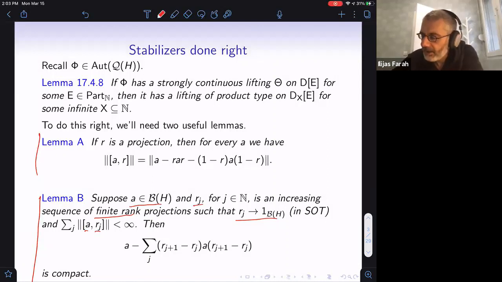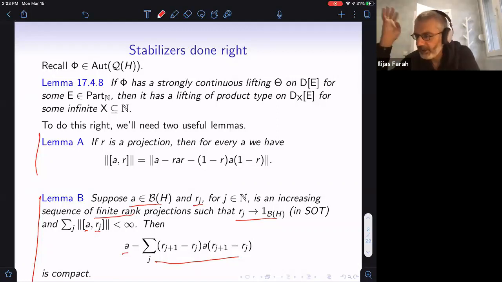Then the difference between A and the basically conditional expectation of A to a subalgebra, this difference is compact. Lemma B just follows from lemma A by a little bit of induction and just working it out. So this is really what I should have said before starting to prove the lemma.